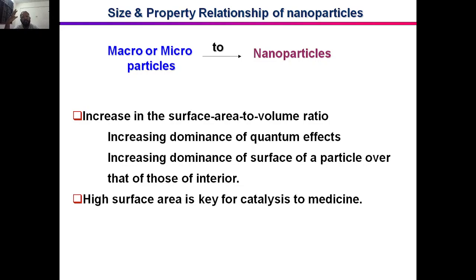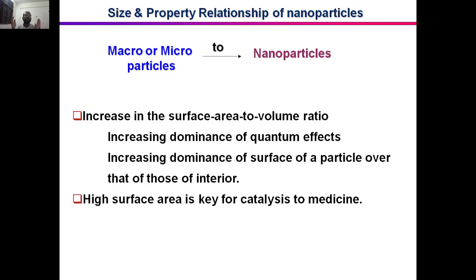Why high surface to volume ratio? As the material keeps on reducing from macro to micro to nanoparticles, its volume keeps on decreasing. Once the volume keeps on decreasing, the surface keeps on being exposed. So when the surface is more compared to the volume, we have surface in the numerator and volume in the denominator, and the surface to volume ratio is high.